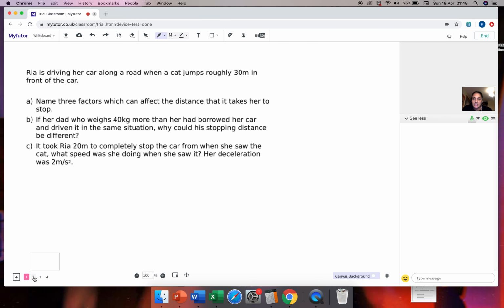So the first question asks us to name 3 factors which can affect the stopping distance. So remember, the stopping distance is made up of the thinking distance and the braking distance. So this question would allow you to state either factors that affect braking distance or thinking distance.